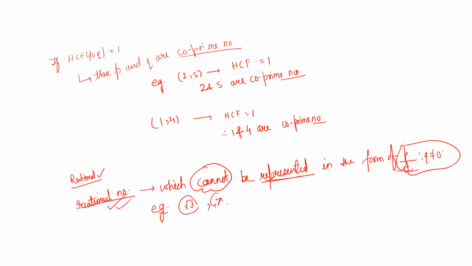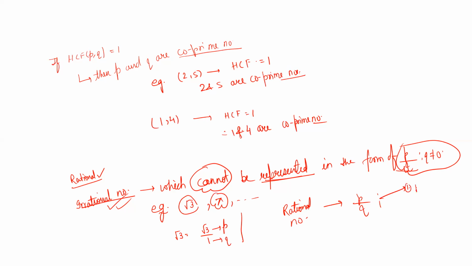Pi also can't be represented in the form of p by q. So this is also an irrational number. Someone can say, sir, root 3 is root 3 by 1. So this is p and this is q. So it is in the form of p by q. Then why are you not saying that it is rational? Then I will say, sir, a rational number can be represented in the form of p by q, but there are certain conditions.